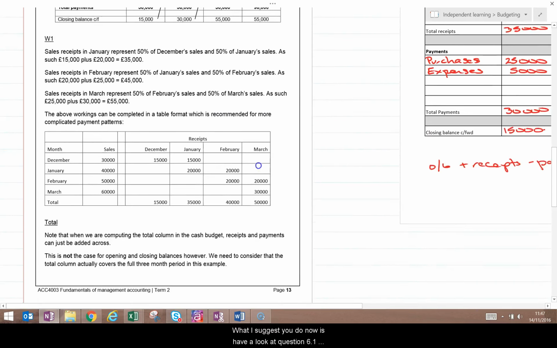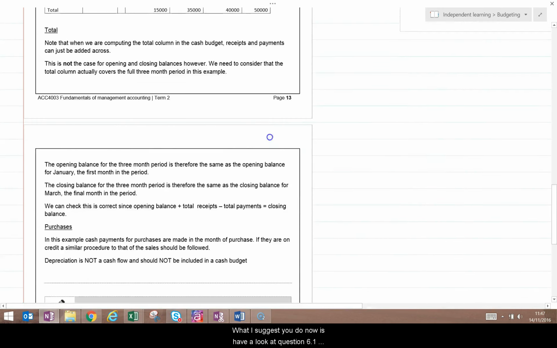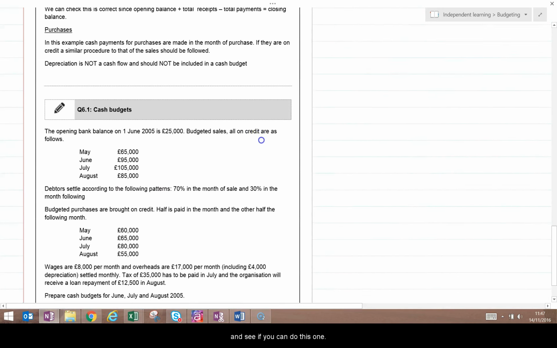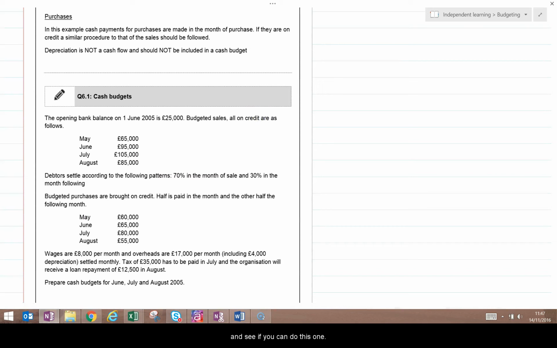So what I suggest you do now is have a look at question 6.1 and see if you can do this one. Exactly the same approach as I've just used in the example. So draw up a table to work out when you're going to receive the funds from your customers.